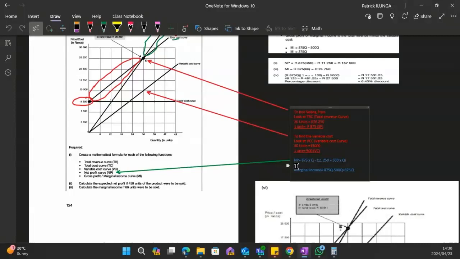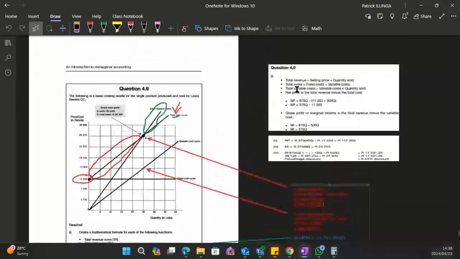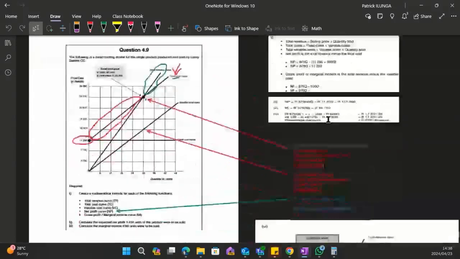We know that the total revenue equals selling price times the quantity sold. We can just call it Q.